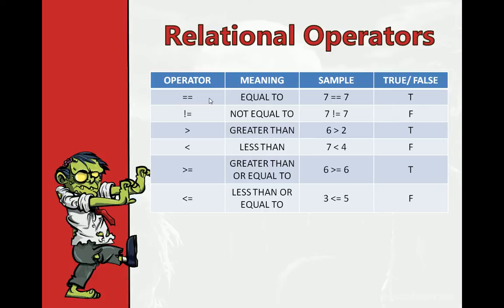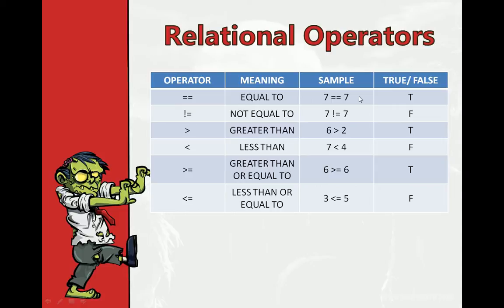The reason we use two equal signs is for comparison. One equal sign means assignment. If I say x equals 3, I'm saying store the value of 3 in the variable x. If I say x double equals 3, then I'm testing the value stored in x to see if it is equal to 3. In our sample, does 7 equal 7? This statement is true.